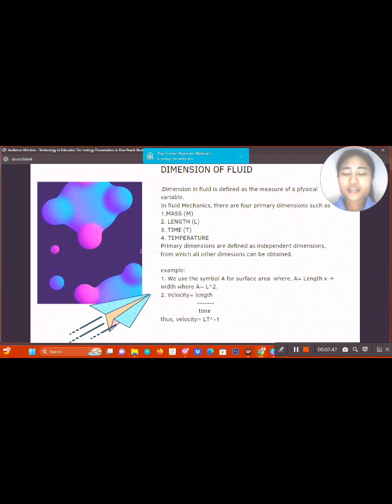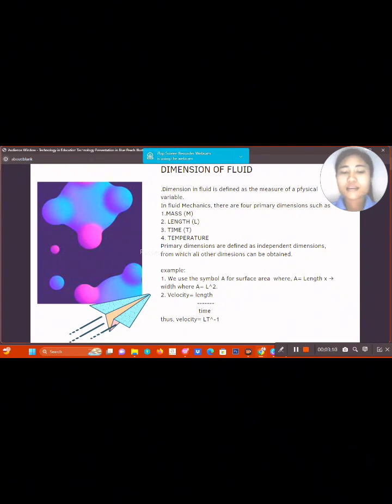For example, A stands for surface area, where area equals length times width, and both length and width belong to the primary dimension length. Therefore, surface area A equals length to the power of 2 because there are two lengths.